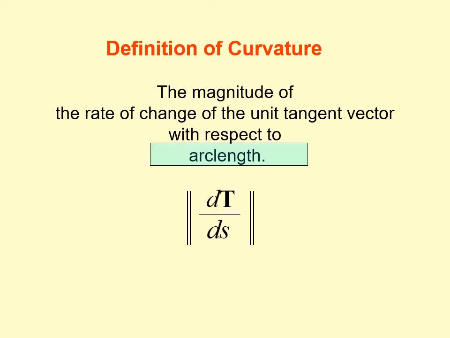And so how much does the unit tangent vector change compared to a particular change in the arc length? The symbol for curvature is the Greek letter kappa.